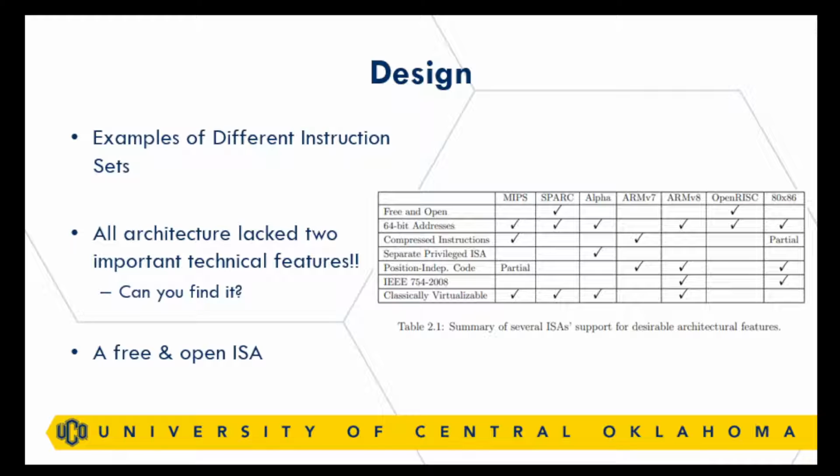So even though we carefully considered the possibility of adopting an existing instruction set, Waterman wanted to build their own instruction set. For example, as you can see in this table, it is a summary of several ISAs' support for the desirable architecture features.